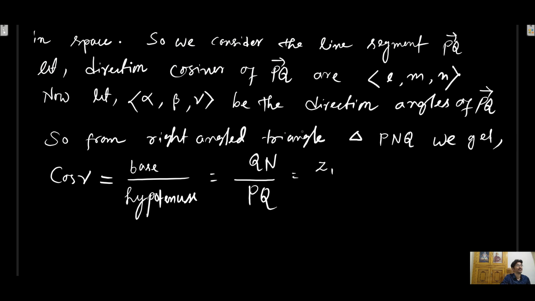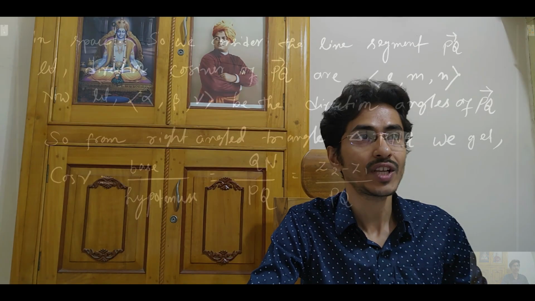So cos gamma equals z2 minus z1 by PQ. Now what is PQ? PQ is nothing but the distance between these 2 points P and Q. And we know how to derive the distance between 2 points in space. We learned it in class 11 in the straight line chapter.